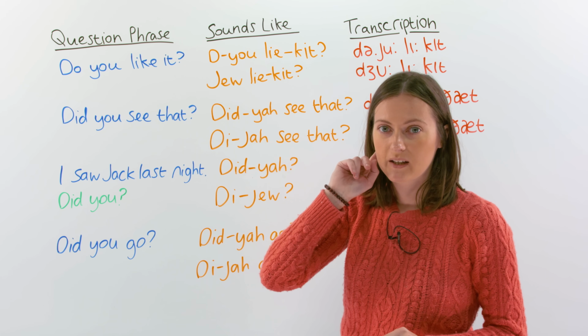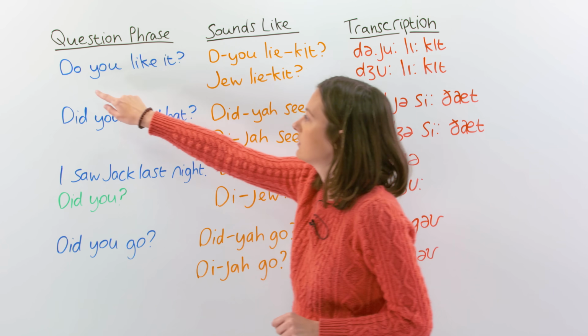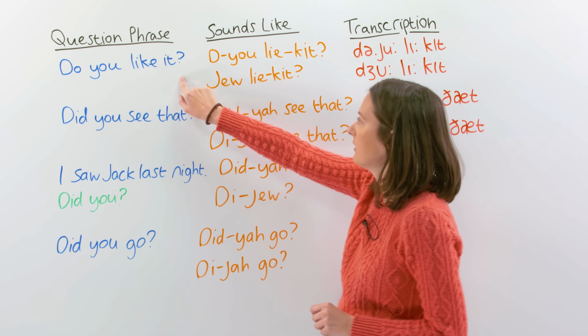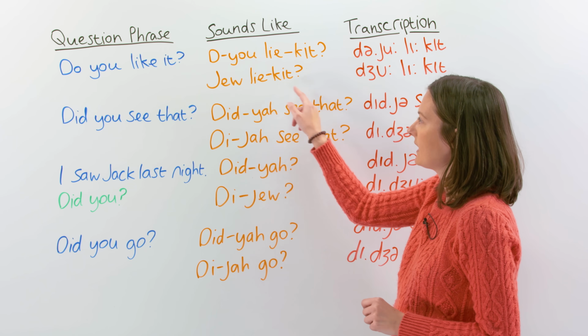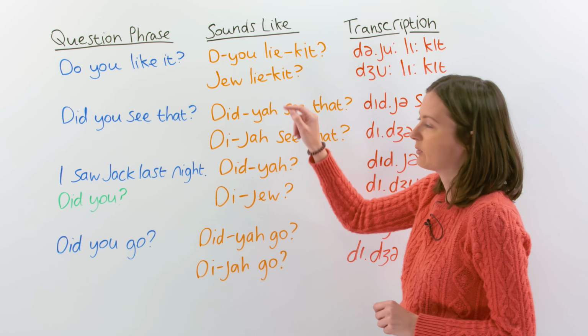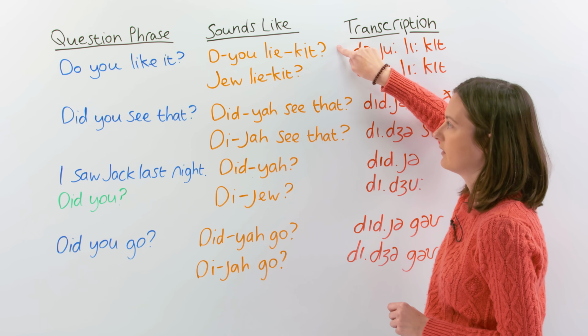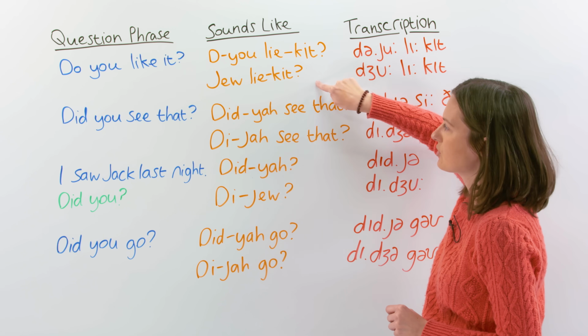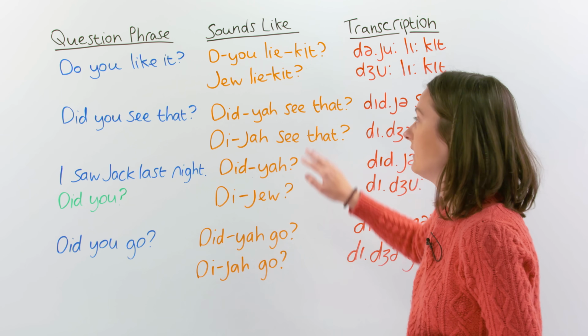Now you have to listen really carefully to hear the difference. Do you like it can also sound like, do you like it? I'm going to say the first one, then the second one. Do you like it? Do you like it? You have to listen really carefully.